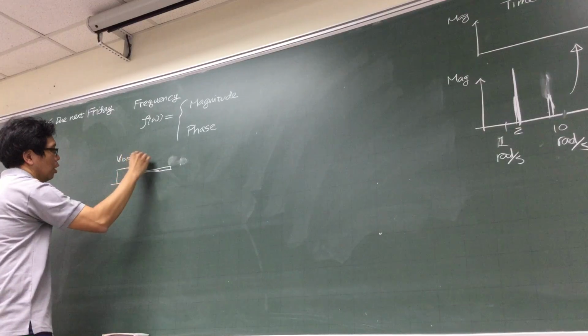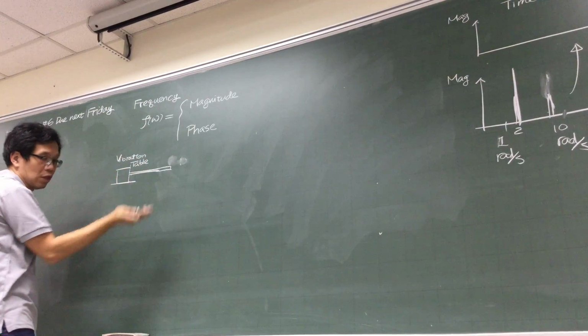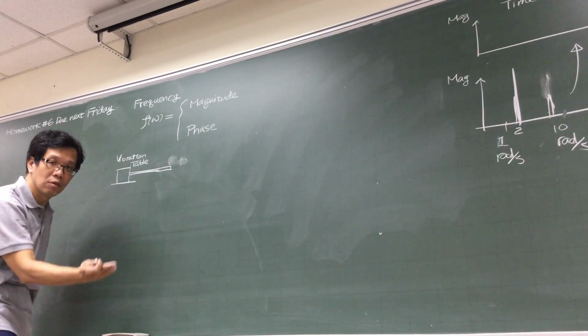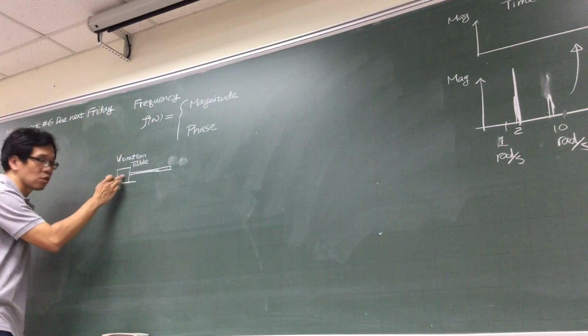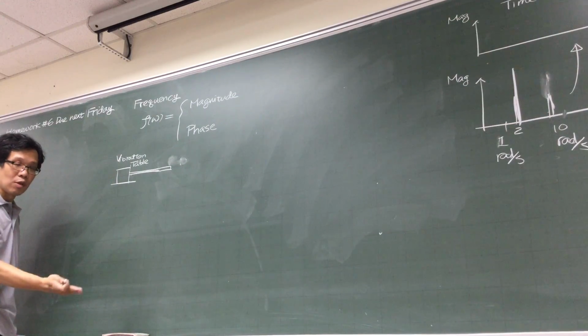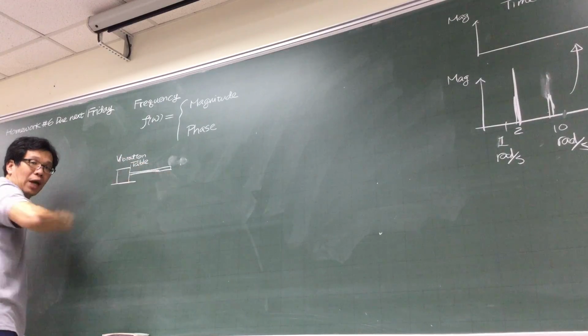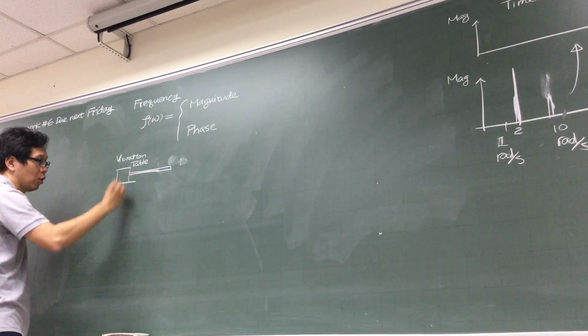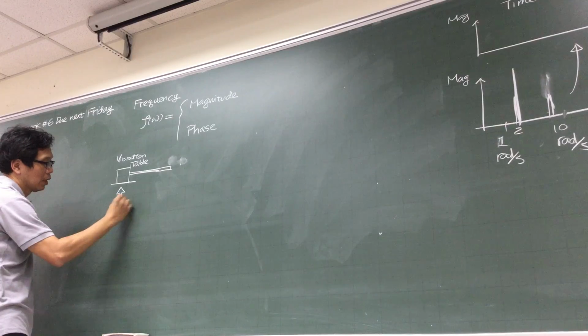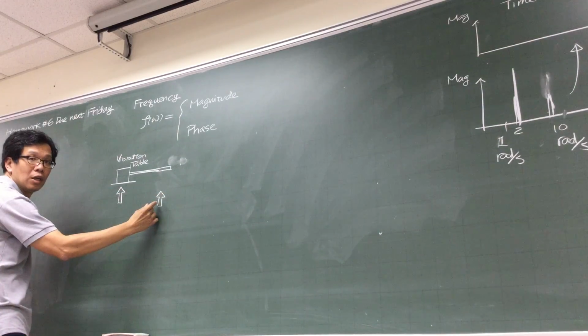Vibration table over here. If this is 1 hertz, then this one is moving up and down slowly. But if you start to increase the speed over here, what do you observe? This one over here is going to fall behind. When this one is moving up, this one is slower, right?